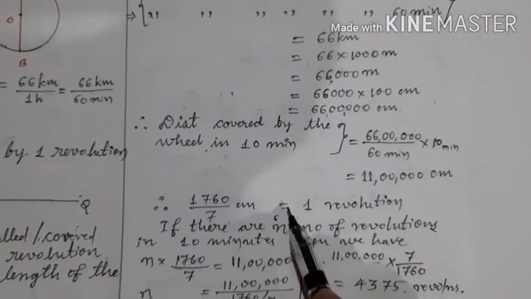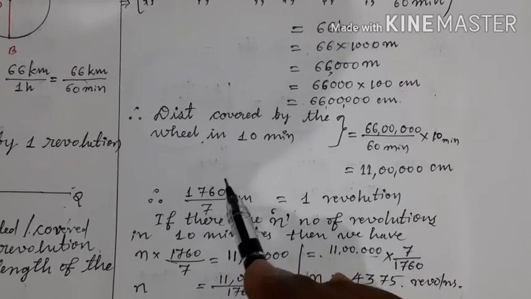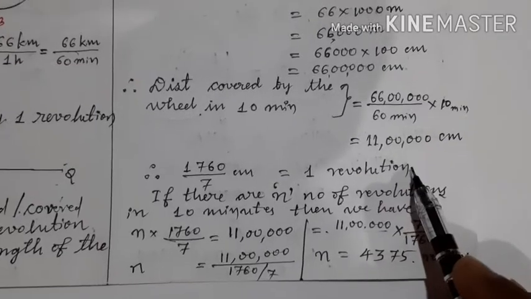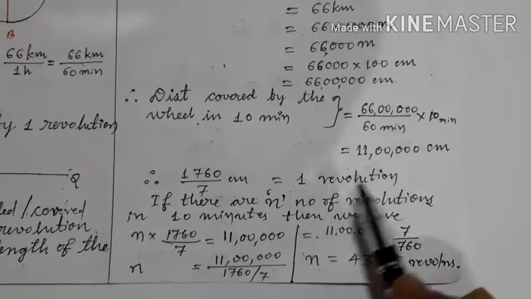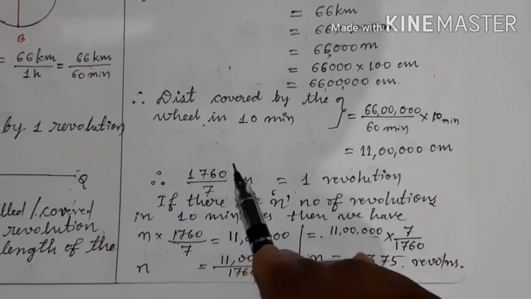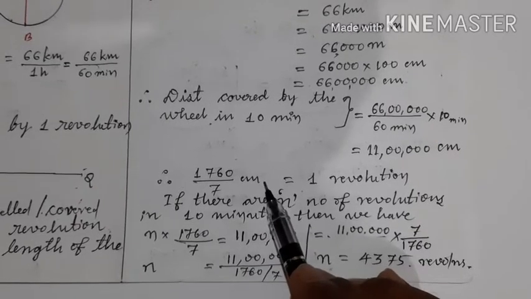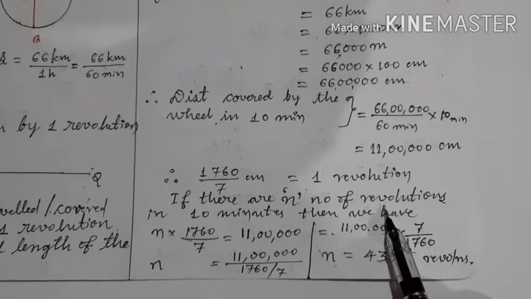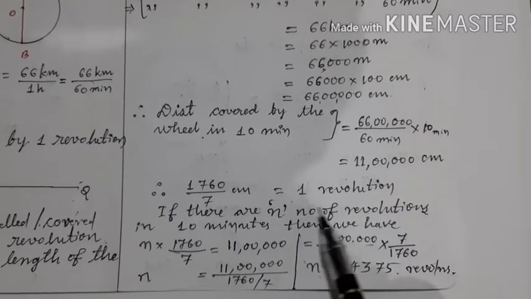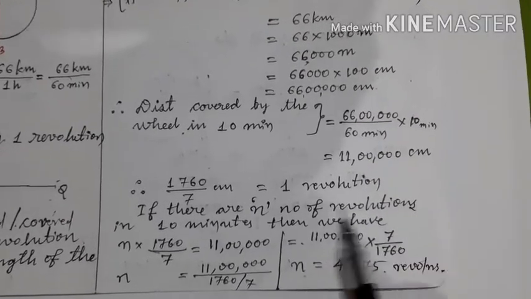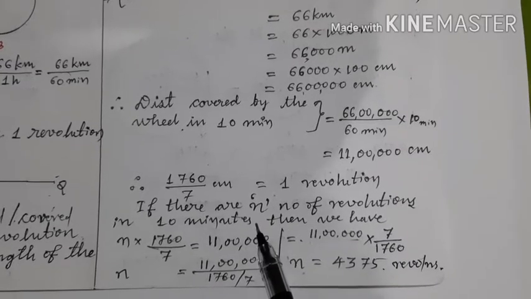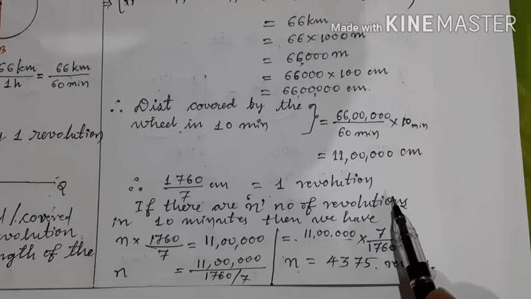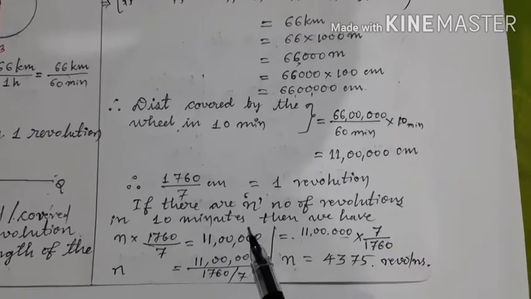Now, we have 1760 upon 7 centimeter distance means 1 revolution. But the car travels for 10 minutes. So, if there are n number of complete revolutions in 10 minutes, then how do we find these n revolutions that the wheel makes in 10 minutes?